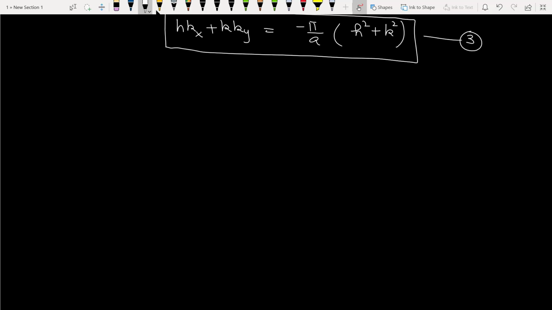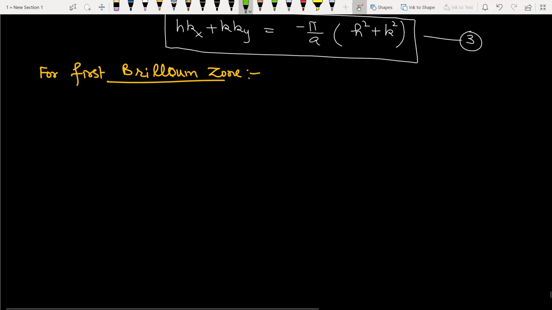From this equation we will try to find the various Brillouin zones. So for the first Brillouin zone, we put h equal to 0 and k equal to plus minus 1.